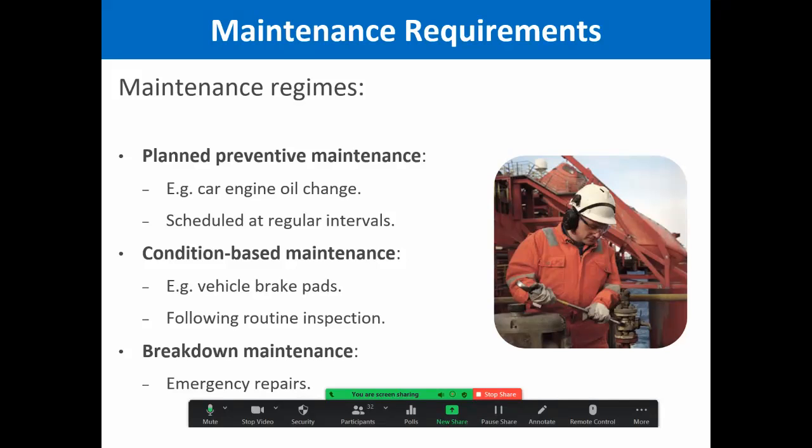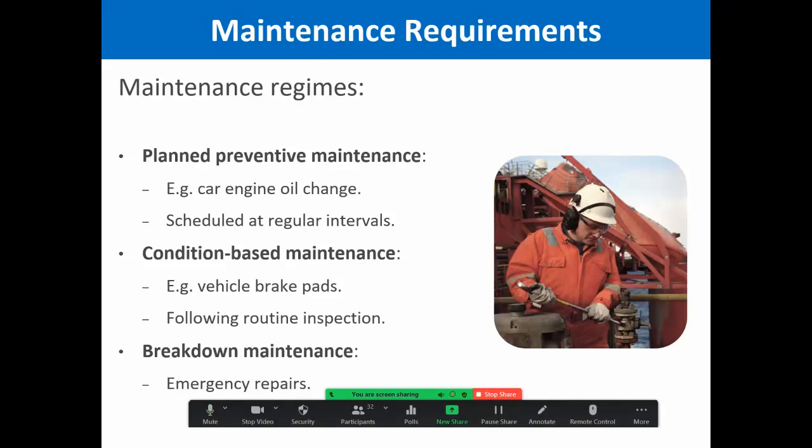Then there is condition based maintenance. Sometimes the equipment is subject to wear and tear. So some of its parts might start to wear and tear, and you might need to do condition based maintenance. For example, the brake pads of vehicles are condition based maintenance, because some people push the brakes harder, or some people drive the vehicle in local areas, so they apply brakes more often.